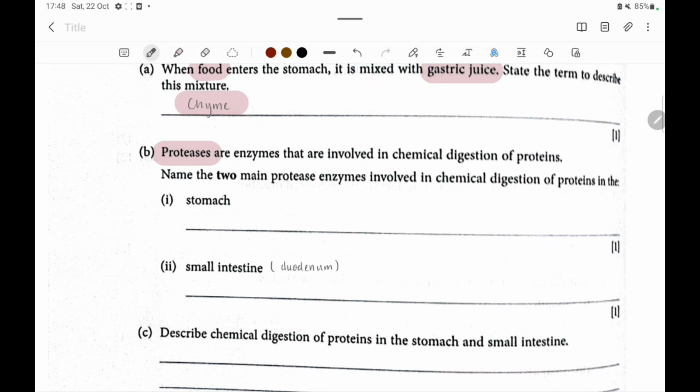So for stomach part, we need it in acidic condition. And then this one is in slightly alkaline. So for acidic, should be pepsin. And then small intestine, the duodenum part one, should be trypsin.